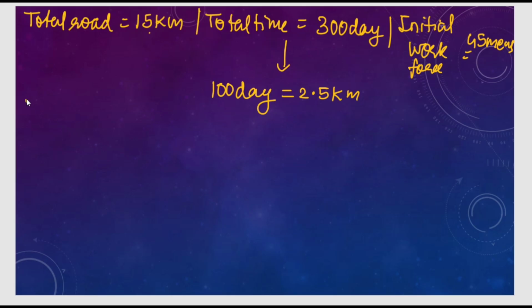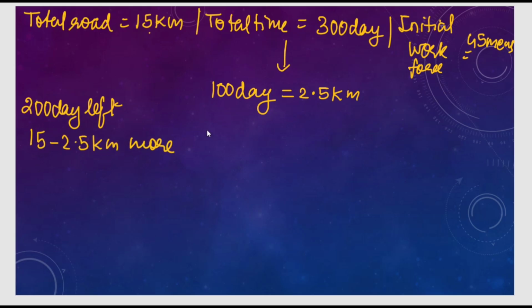So 200 days are left, and 15 minus 2.5 kilometer more we have to do. So my goal is what? To increase manpower. Why? Because we have to accomplish this goal in 200 days and this much road.